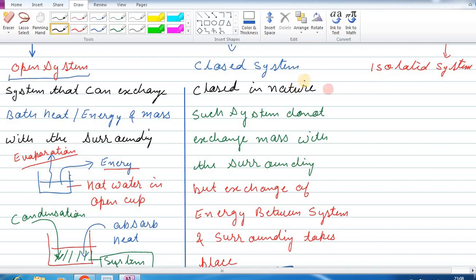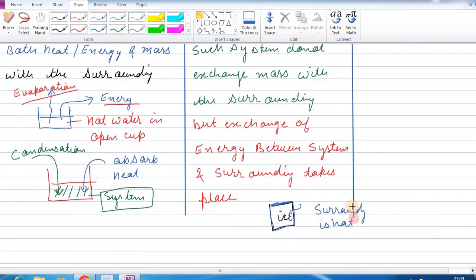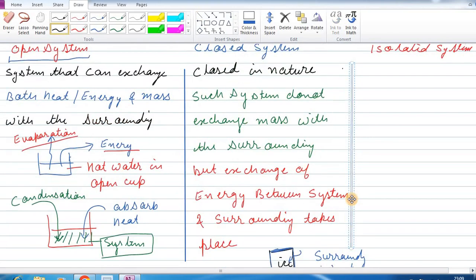So I must draw a line here to create a partition. Very well, partition is created.